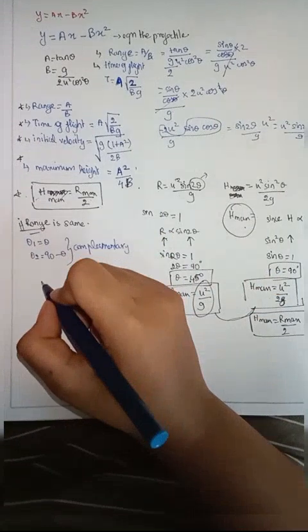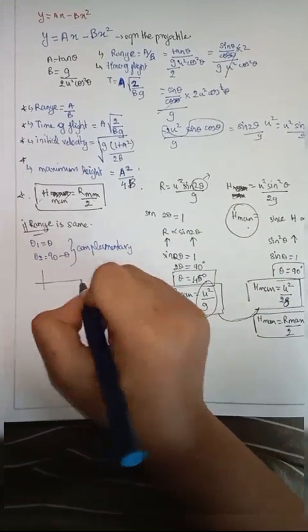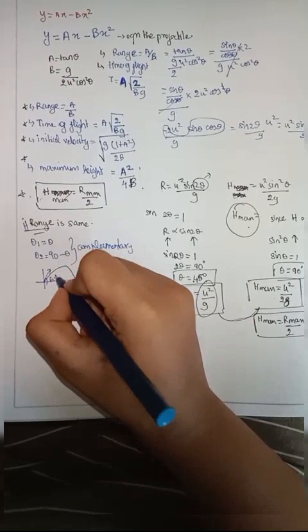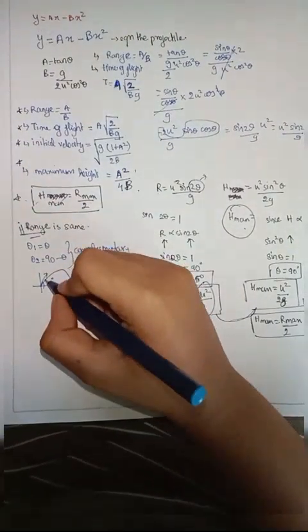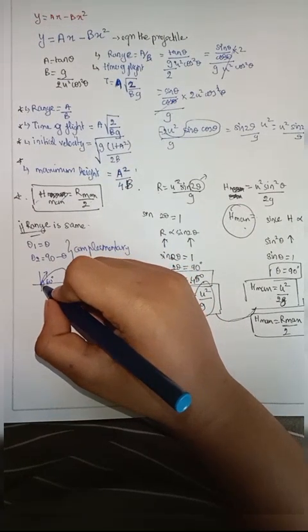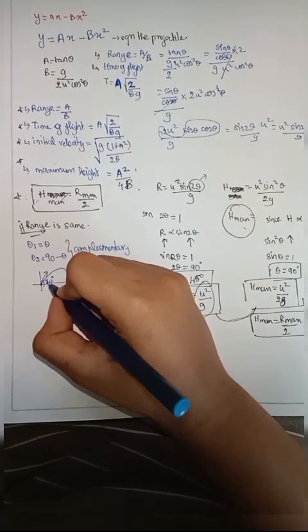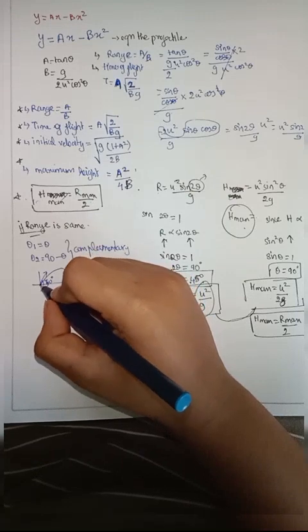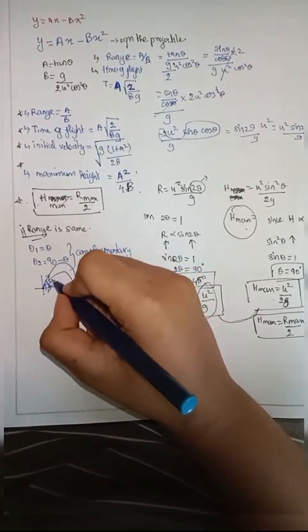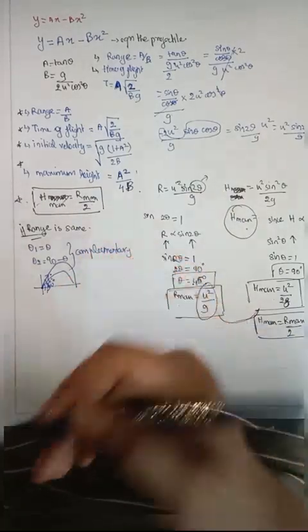What I'm saying is, if one boy projects with a 60 degree angle and some other boy projects with a 30 degree angle, then the range will be the same for 60 and 30, because they are complementary angles.